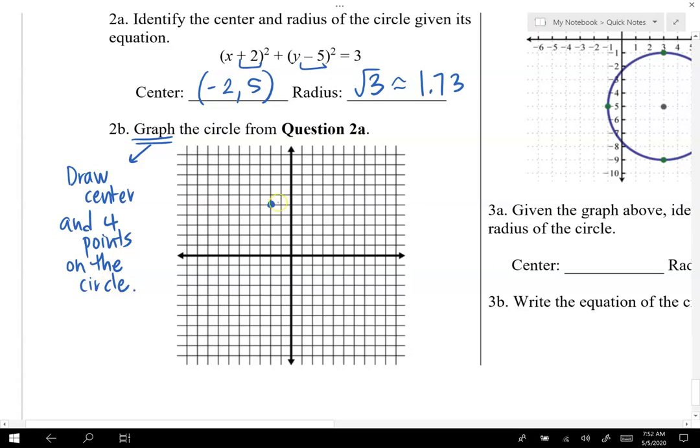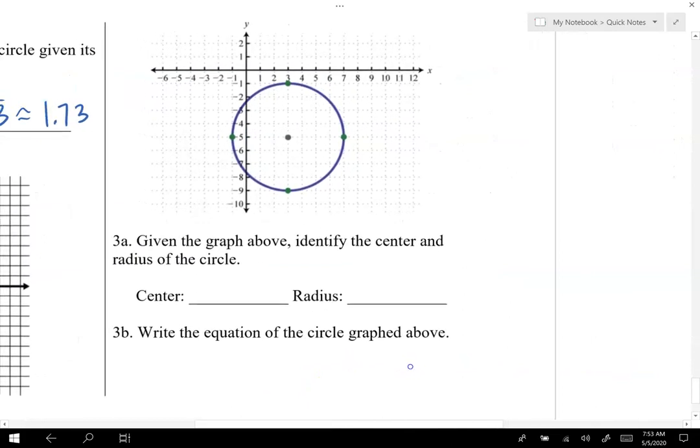And then from here, I'm just going to go 1.73 units to the right, 1.73 units up, 1.73 units to the left of the center, 1.73 units below. And so there's my circle. Very tiny, but it's exactly what we needed to have happen there. Okay?